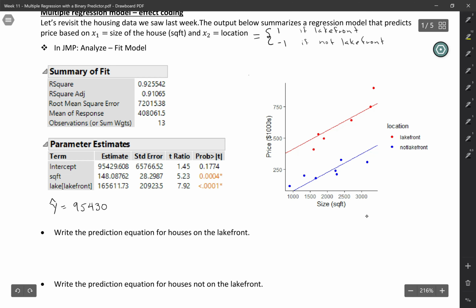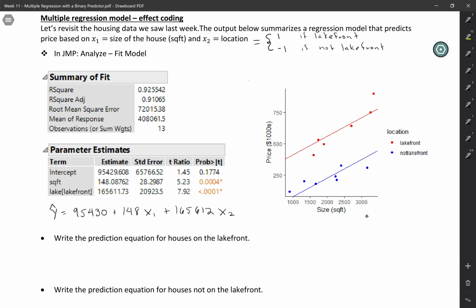I'm going to round to whole numbers just to keep things a little bit simpler here. Plus 148, that's the slope for our x1, which is the size of the house, a quantitative variable. Plus 165,612 times x2, that's our lakefront variable.